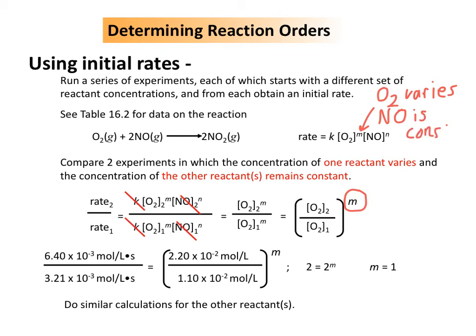So we have to go back to the data table on the previous slide, and look for the data where we have held NO constant.